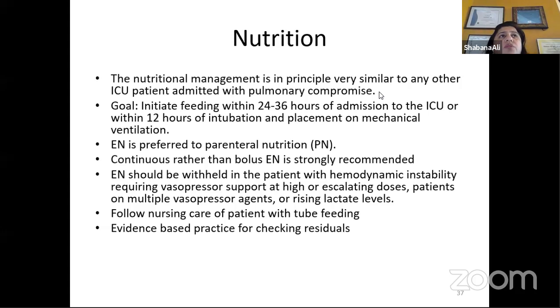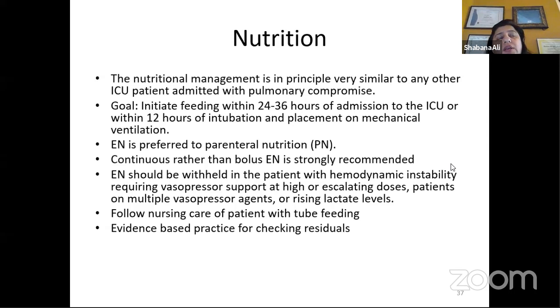Most of the time we set goals. As per the assessment done by the dietitian or the nutrition expert, they give you a goal, okay, 50 cc per hour should be the goal. So you just try to achieve that goal slowly to reach the target.